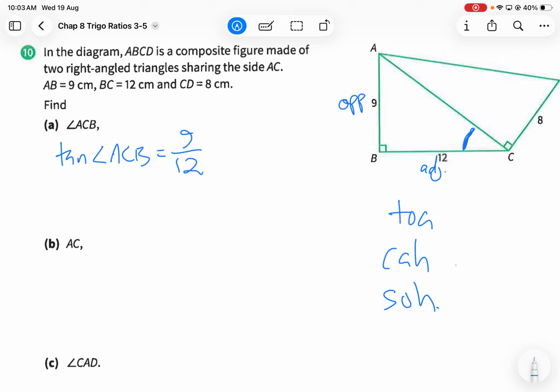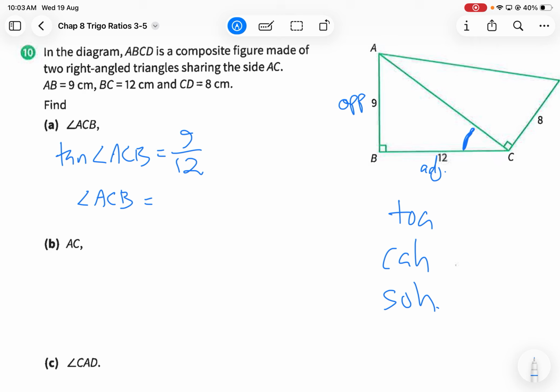To find the angle, I just need to remove the tangent. How do I remove a tangent? Tangent inverse. If I tangent inverse the left, the tangent disappears, so the left hand side becomes angle ACB.